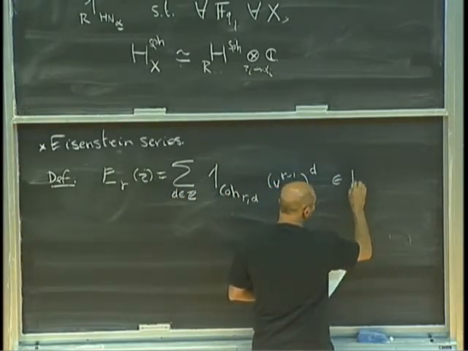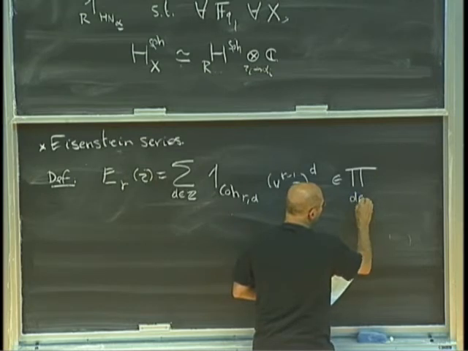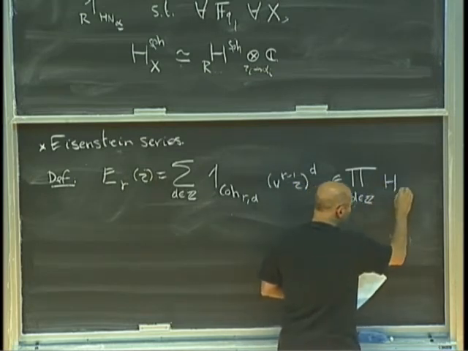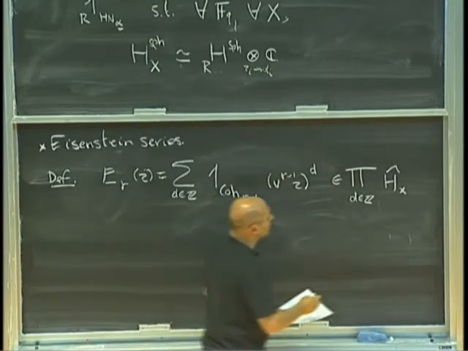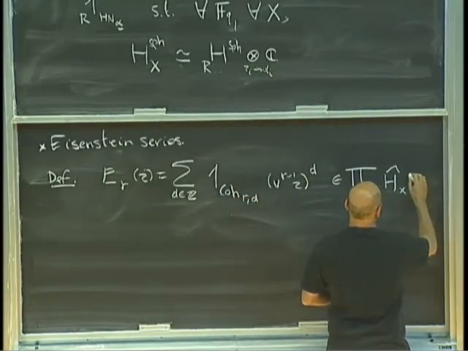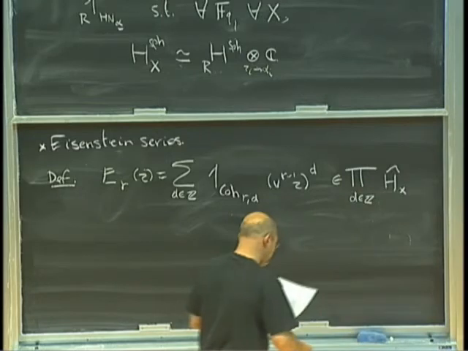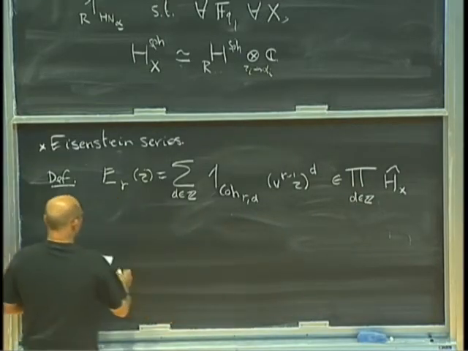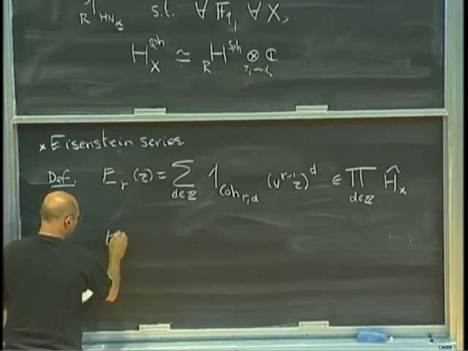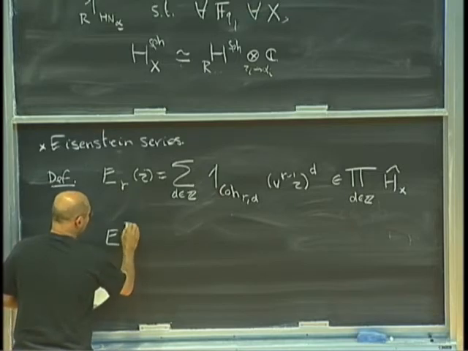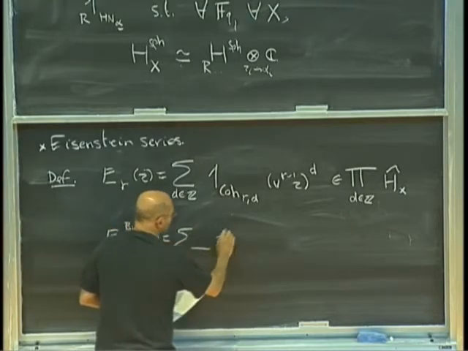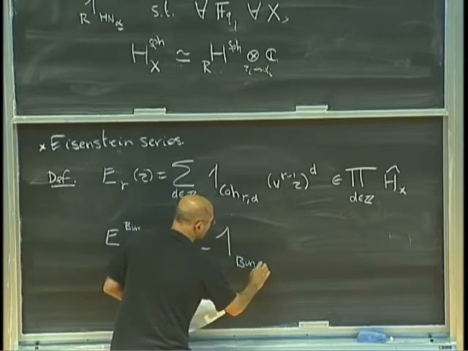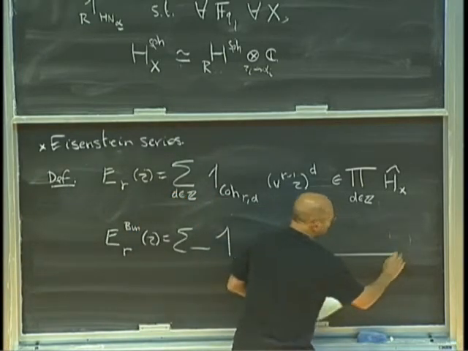And this, you can think of it as belonging to a big product over all z of some completion, because this is not of finite support, of some completion of the Hall algebra. And you can restrict yourself to bundles if you want, and you can do the same.